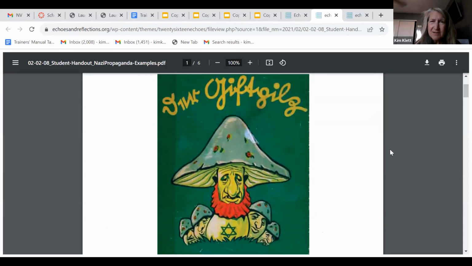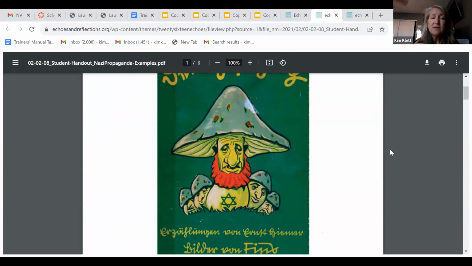I'm just going to leave it right there. Unless I download it, I can't show you the whole thing, but you get the idea. The book was called The Poisonous Mushroom. And we talked about stereotypes before. What stereotypes would your kids pick up on here about Jewish people?